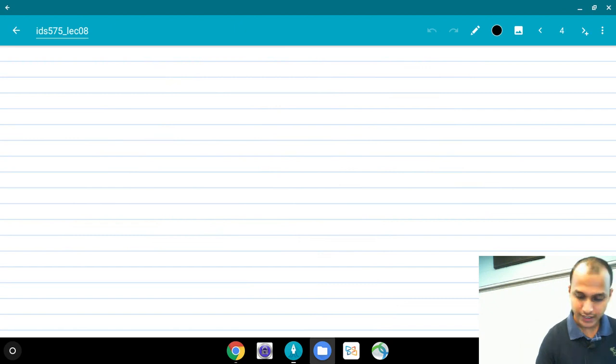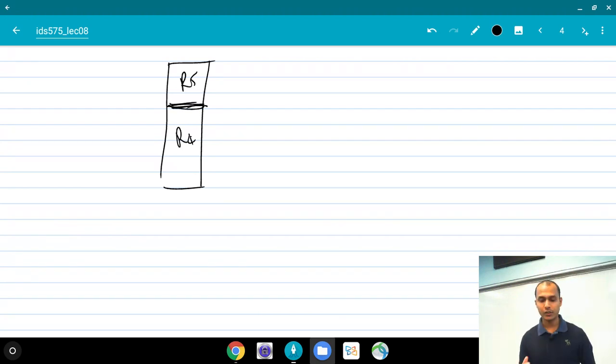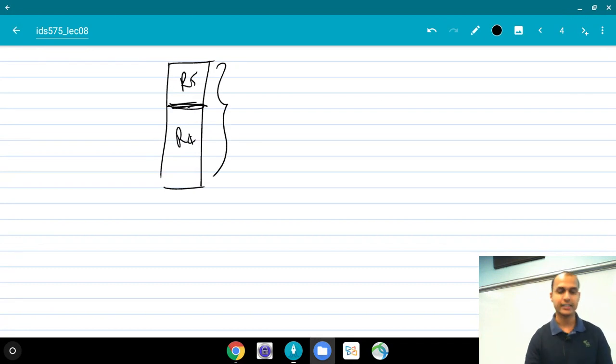Let me draw that again. Region 4 and region 5 were part of a full picture like this: this was region 5 and this was region 4. They were split from a previous region. There's no name for that region, but it was just the union of these two regions put next to each other, and that's the original region which got split.